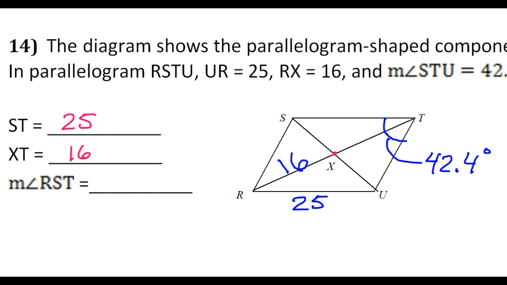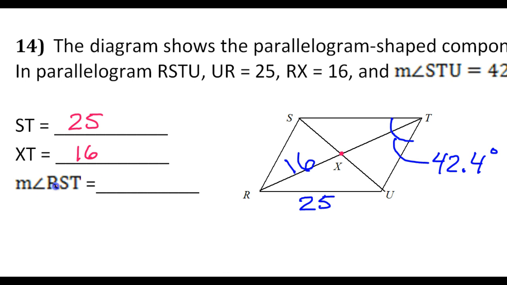Last one. We're supposed to find the measure of angle RST. RST is this angle right here. Now, this angle RST and the angle STU are consecutive angles. And we learned that consecutive angles are supplementary. So these two angles should add up to 180.